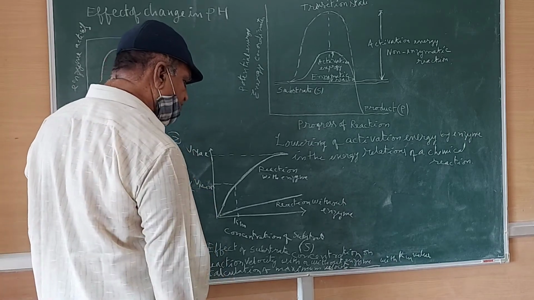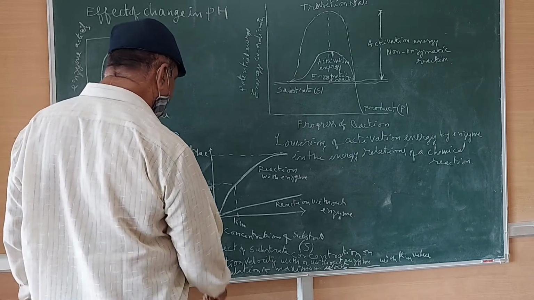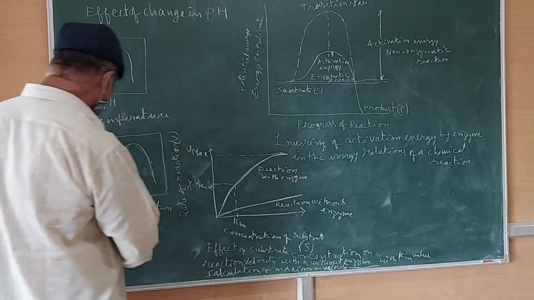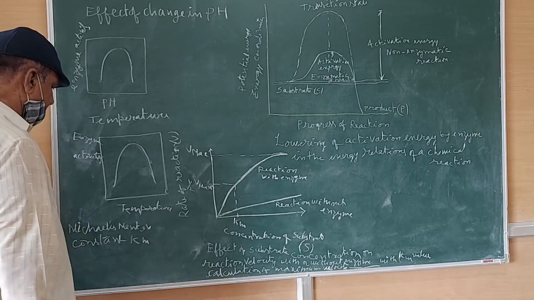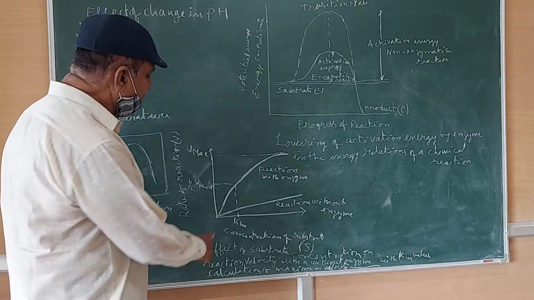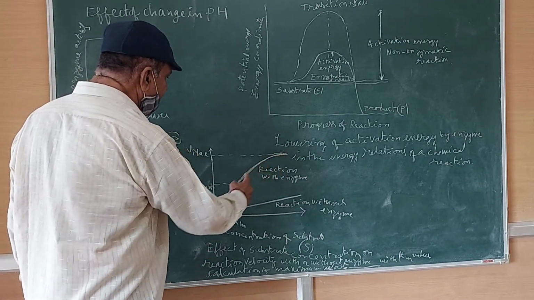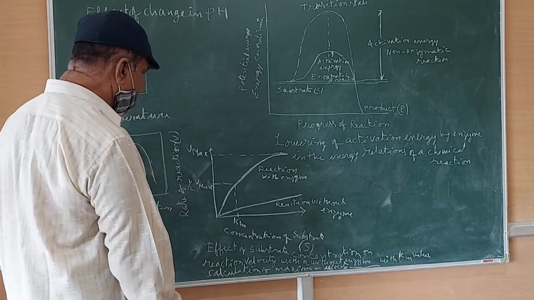Calculation of maximum velocity with the Km value. Michaelis-Menten constant is the Km. This is in the presence of enzyme. This is in the absence of enzyme.